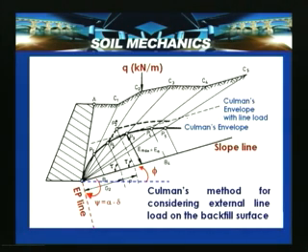In a similar problem, say you have Q kilonewton per meter, a railway track load at this point, and AB is the wall surface. Now, assume the surface is uneven, not having any uniform inclination. This is very difficult to consider in the analytical method, but in the graphical method it is very easy.